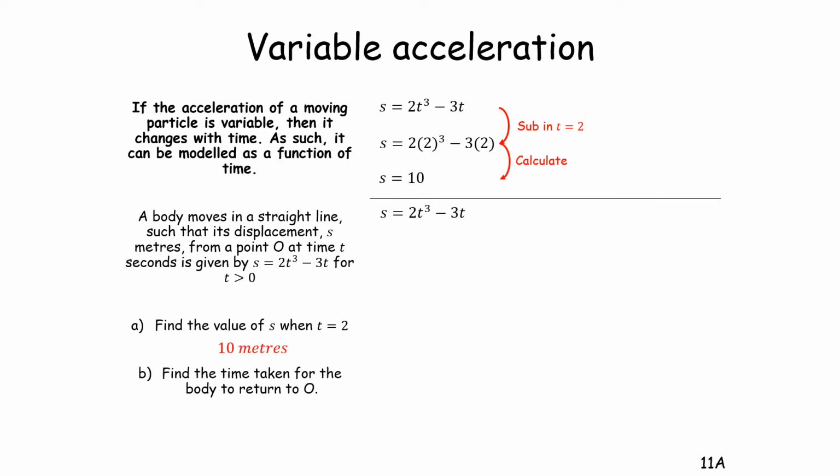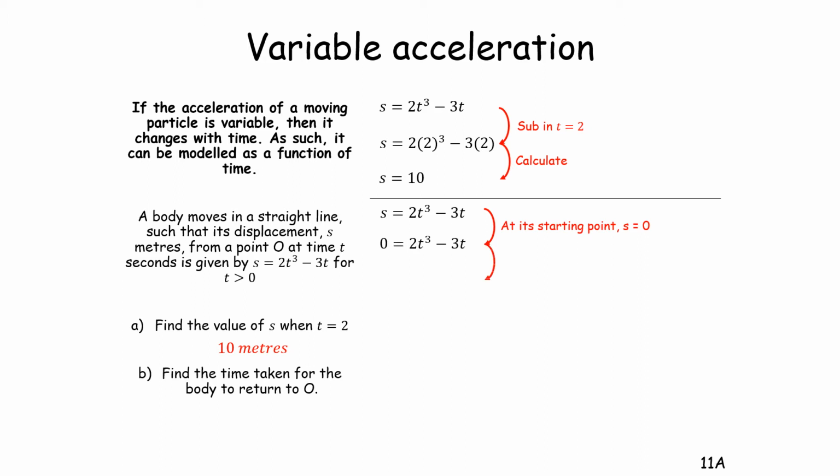Now, for the time taken for the body to return to the origin, since we're dealing with displacement, we could set s equal to 0. Because remember, s is not the distance, it can be used as a displacement.